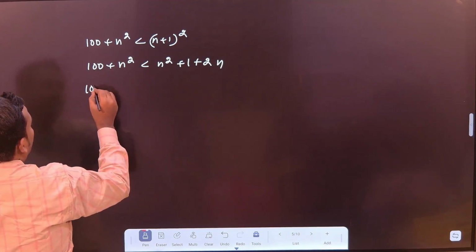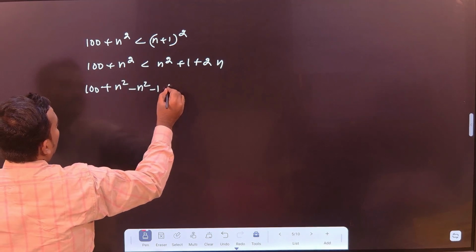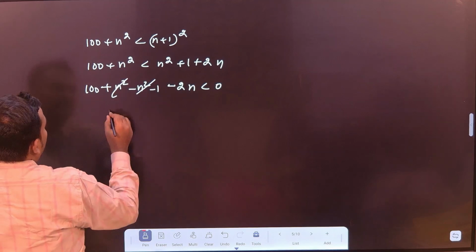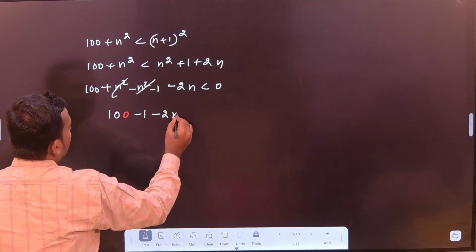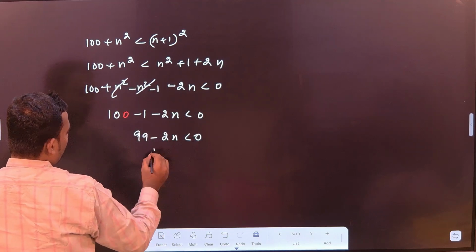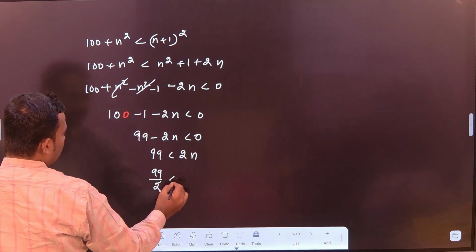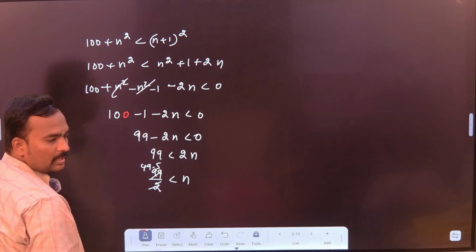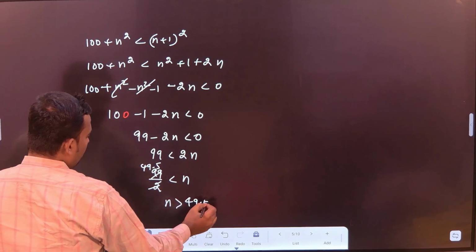So you can send everything to one side. n square minus n square cancels, so 100 minus 1 minus 2n is less than 0. 99 minus 2n is less than 0. 99 is less than 2n. So 99 by 2 is less than n. This is 49.5. Correct? So therefore we need n to be more than 49.5.